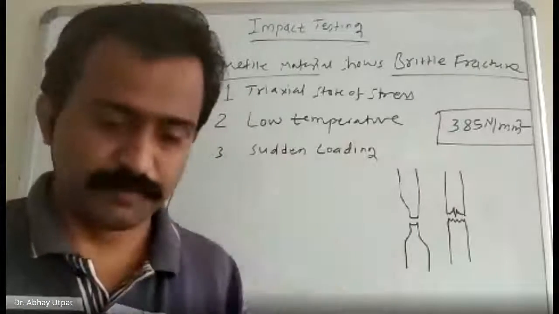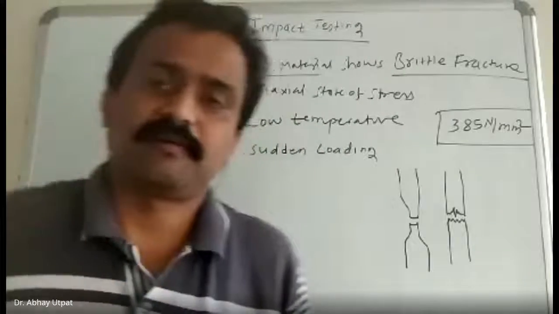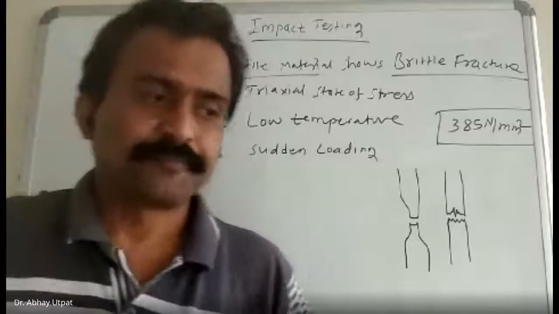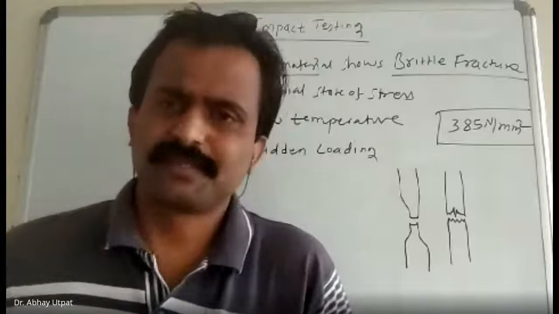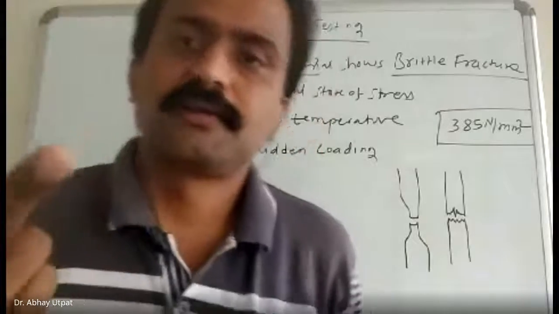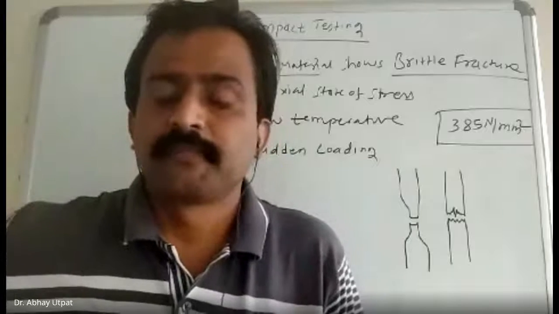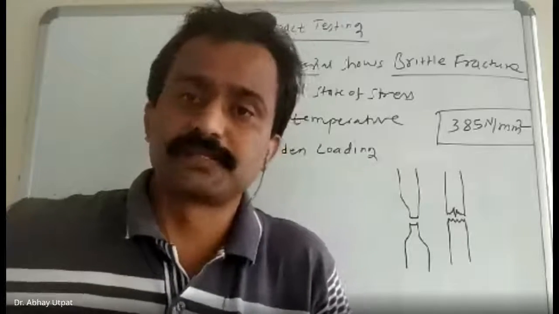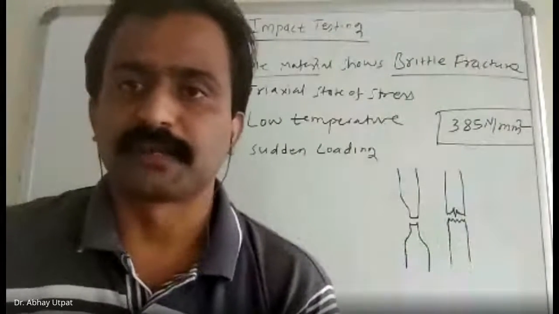What is low temperature? You might have experienced it. I will tell one local example. You take one piece of metal, maybe MS. Take one nail. Take two nails. One nail you keep as it is in the atmosphere. Another nail you deep freeze. You have a refrigerator, so put it in the freezer.